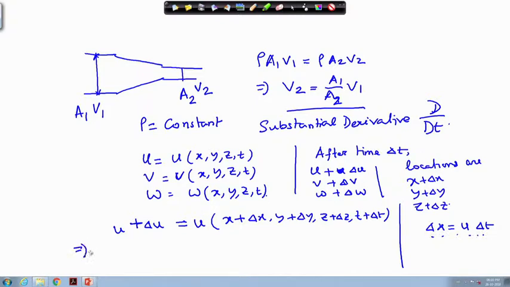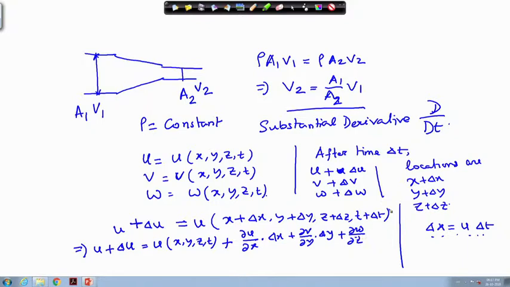So, if you simply perform a Taylor series expansion over here up to the first term, what you get is u as a function of x, y, z and t, and then you have del u del x into delta x plus del u del y into delta y plus del u del z into delta z plus del u del t into delta t.